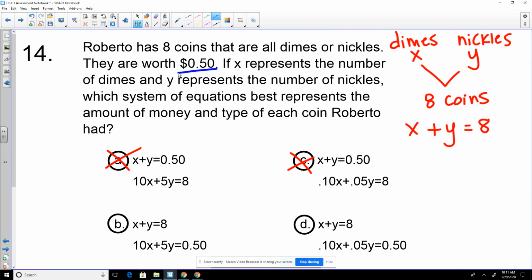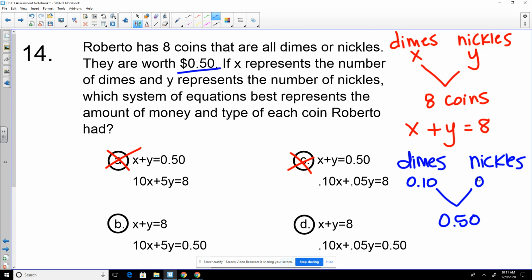They are worth 50 cents. So my dimes and my nickels together, the value of them is 50 cents. Well, what is the value of a dime? The value of a dime is 0.10. What's the value of a nickel? The value of a nickel is 0.05.